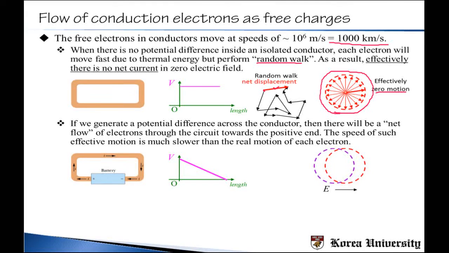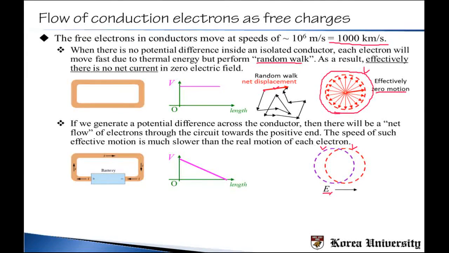So if you take this circle as the original motion represented here, after applying electric potential there will be an electric field, and as a result, this net displacement will be only slightly shifted to the positive side of the electric potential, which means it's shifted along the negative direction of the electric field. Why the negative direction? Because electrons are negatively charged. So this is the reason why we showed that electrons may be moving very slowly.